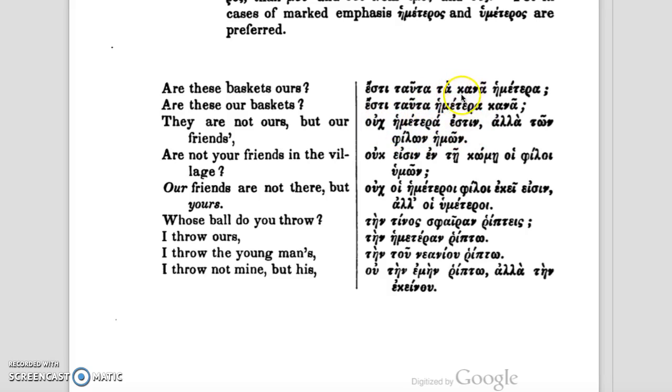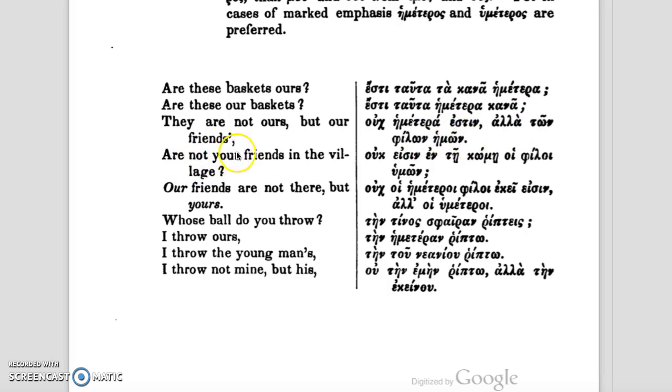Still talking about the baskets, which is why the matches up here. There's no noun in this whole sentence because the context is letting us know, and we have a clue at the end of emettera. So not ours is, or not ours they is, ala but ton philon emon, but of the friends of us, but our friends.